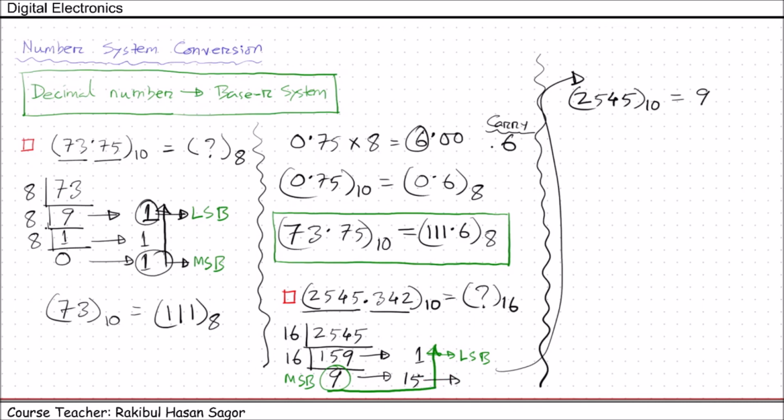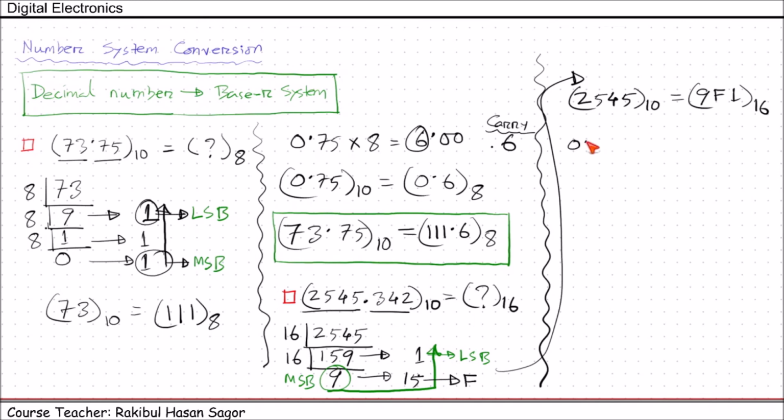What is that? That is F. As we are converting to hexadecimal number, this 15 should be written in this unique symbol that is used in hexadecimal number. So 9F1 will be the hexadecimal equivalent number of this 2545 decimal number.